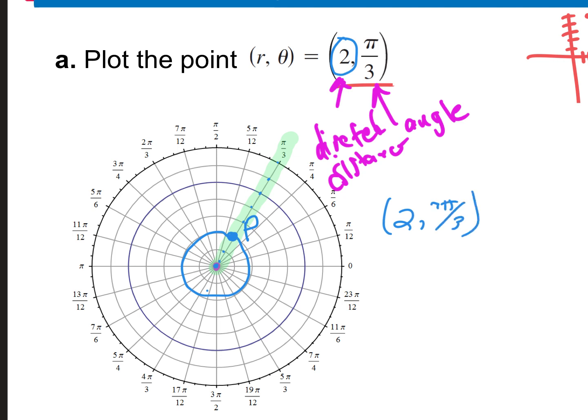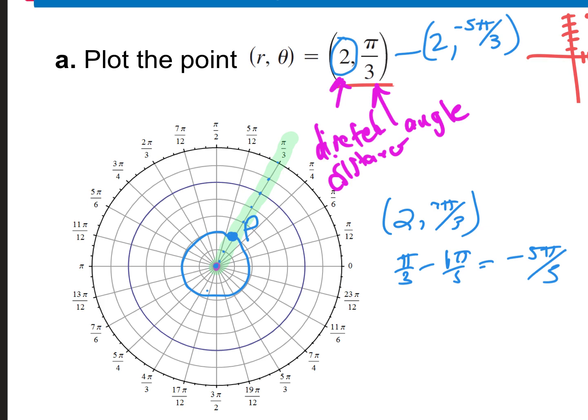I could subtract 2 pi from pi over 3, and I'd get at the same spot. Say pi over 3 minus 2 pi, which would be 6 pi over 3, I'd get negative 5 pi over 3. So you could also say that this point is 2 comma negative 5 pi over 3.